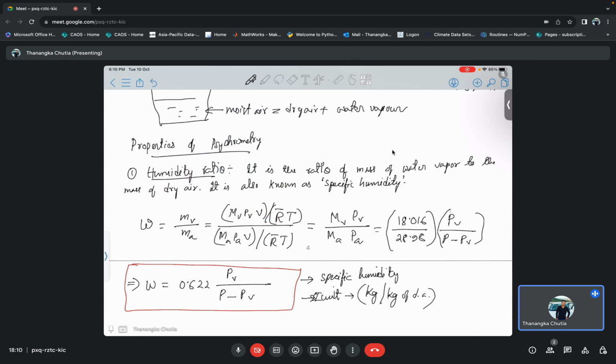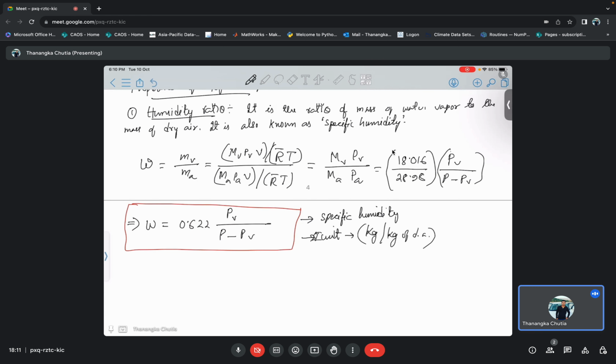Your SI unit is kg per kg of dry air. So whatever we deal with in this chapter is all per kg of dry air. So this is your humidity ratio, nothing but the mass of water vapor to the mass of dry air in the given sample of the mixture.